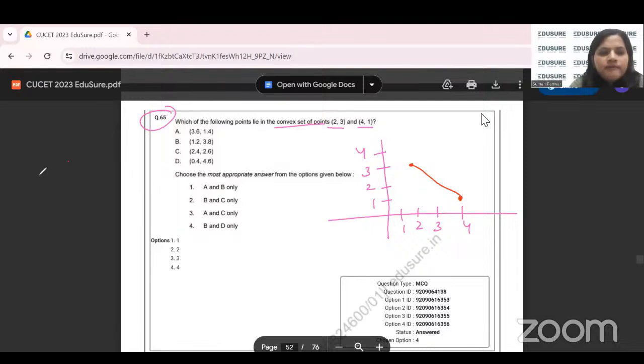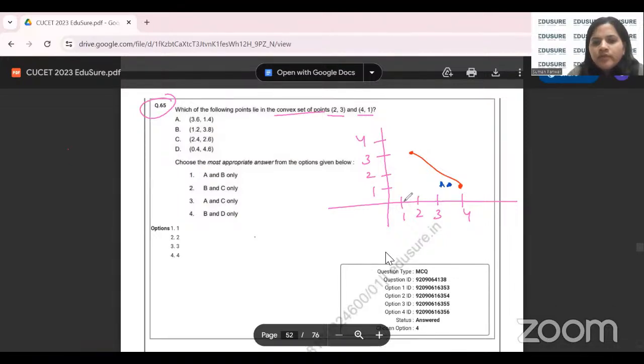Now if we look at 3.6, 1.4, now 3.6 comma 1.4 would be, we will have 3.6 somewhere over here and 1.4 somewhere over here. Okay, this is point A. And then 1.2 comma 3.8. So 1.2 somewhere over here, 3.8 would be above.